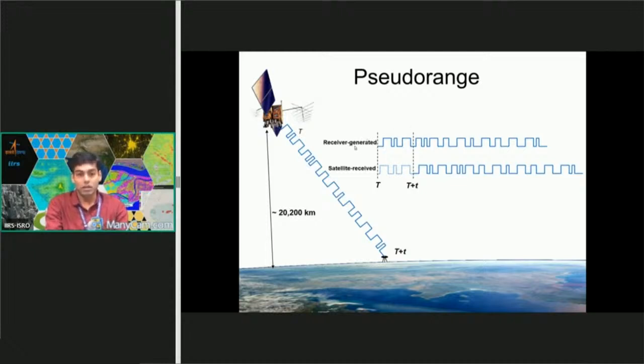And here is the receiver generated signal and the satellite signal received in the receiver. It is not always synchronous, because there are a number of errors which cause delay in the signal. So we say it is t plus small t, and the original time is t.